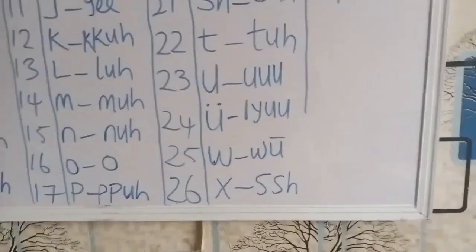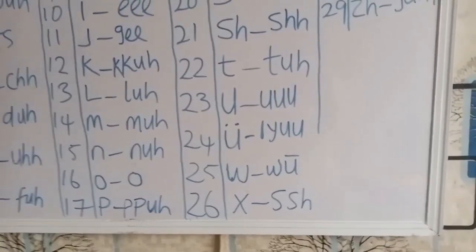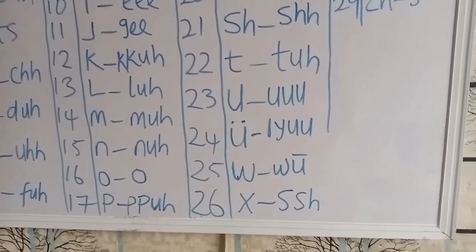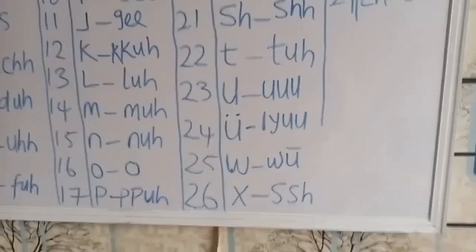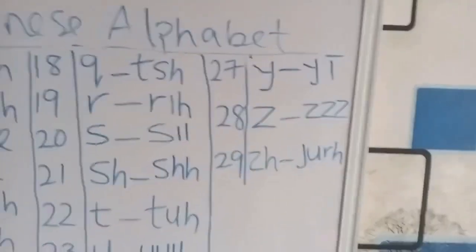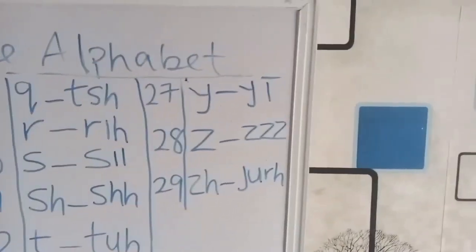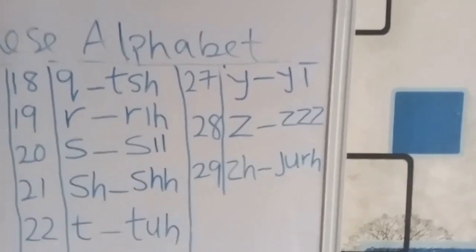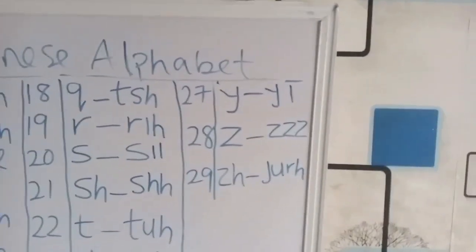X. I have heard some of you say xie xie. From now on, you know how to say it. It is xie xie, 现在, 谢谢, 现在. And here is Y. Y is pronounced yi. And the Z, you go z.